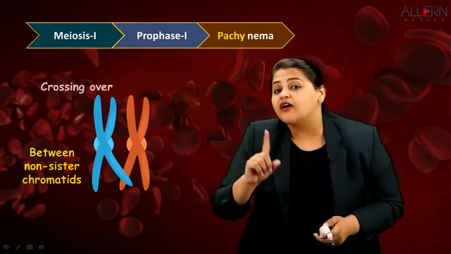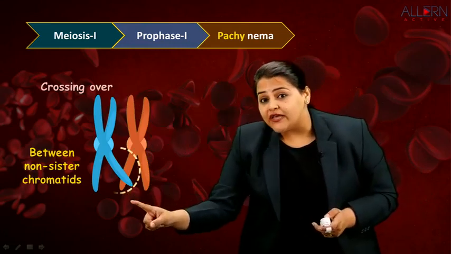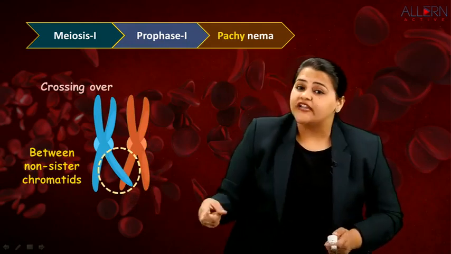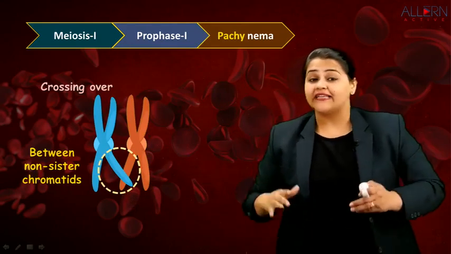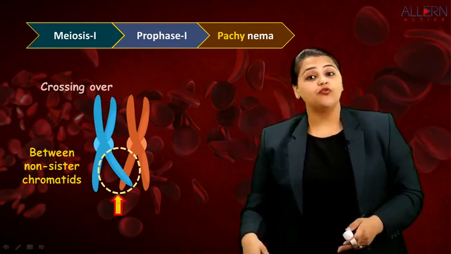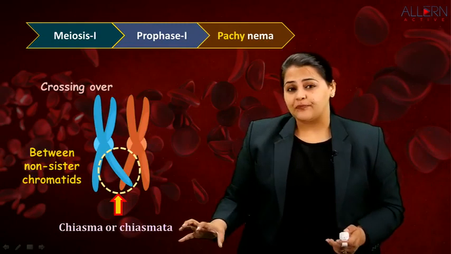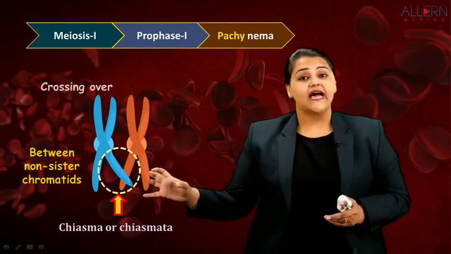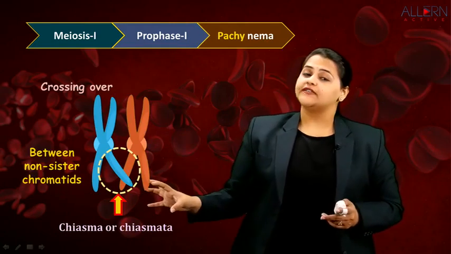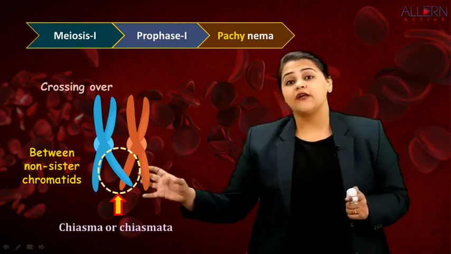See where the crossing over is happening. It is in between the blue and the orange. They are all non-sister chromatids, but they are homologous chromosomes, and that's wherein this condition of chiasma or chiasmata is happening. Well, this event of crossing over is called chiasmata or chiasma.